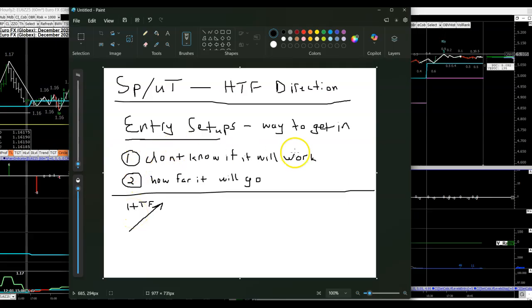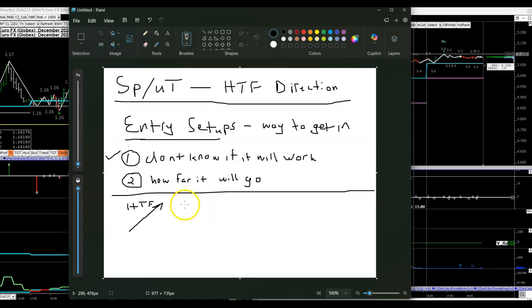So that takes care of number one. Now, how far it will go, there's many techniques. If you're using a bar chart, or candle chart, typically the higher high. This is usually the minimum target, usually some type of higher high.